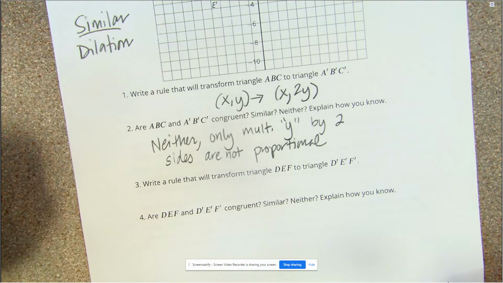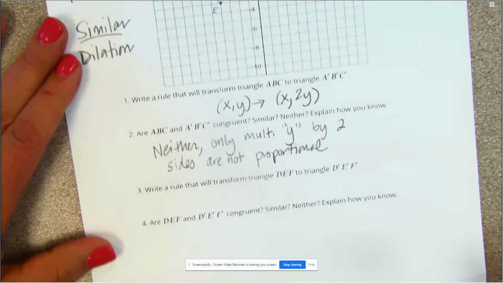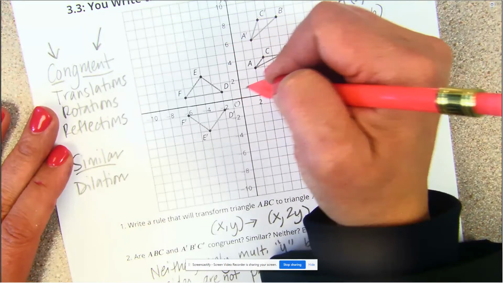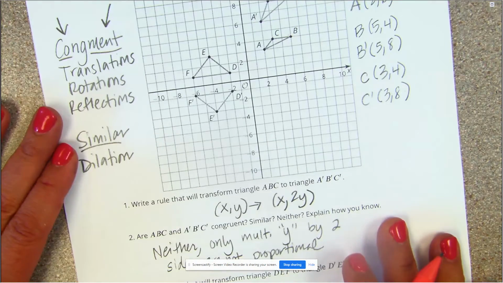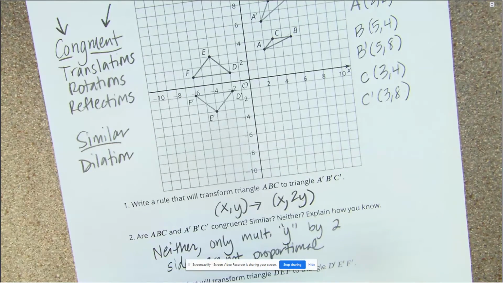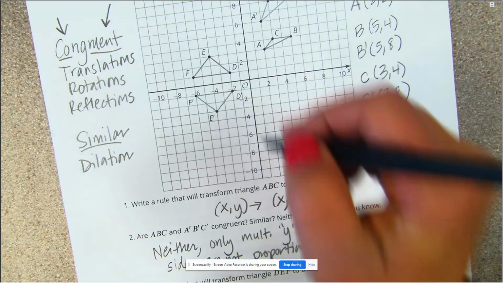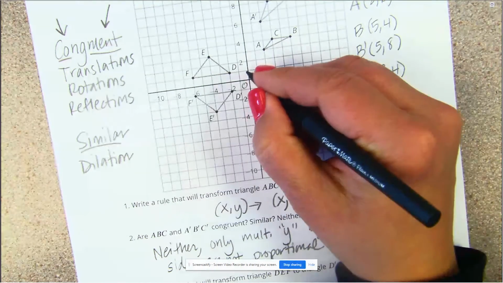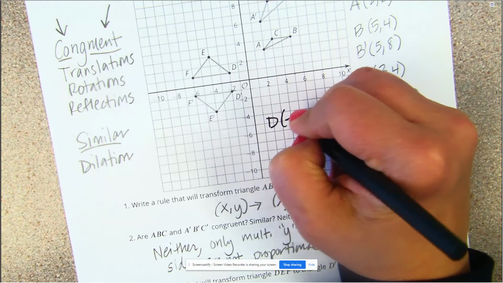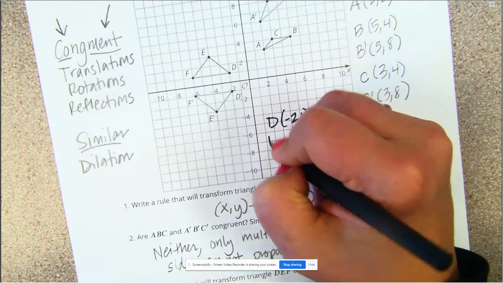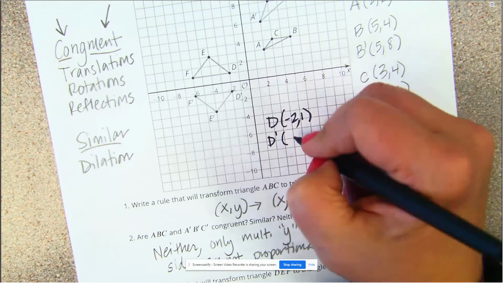Number 3, write a rule that will transform triangle DEF to D prime, E prime, F prime. So this one, you might be able to do this without writing the points out. I'm going to get a pen for this one, so I can write it right here. D was negative 2, 1, and D prime became negative 2, negative 1.